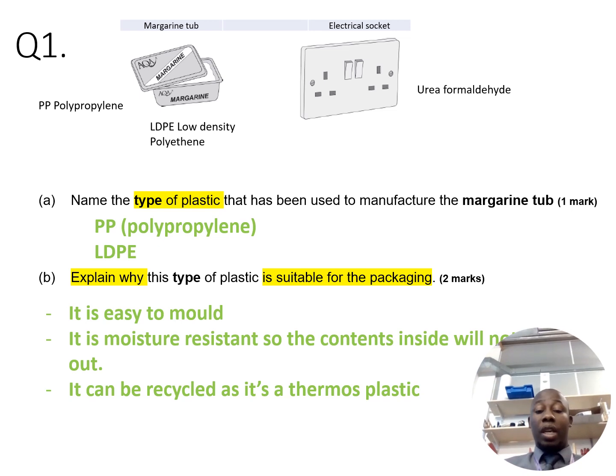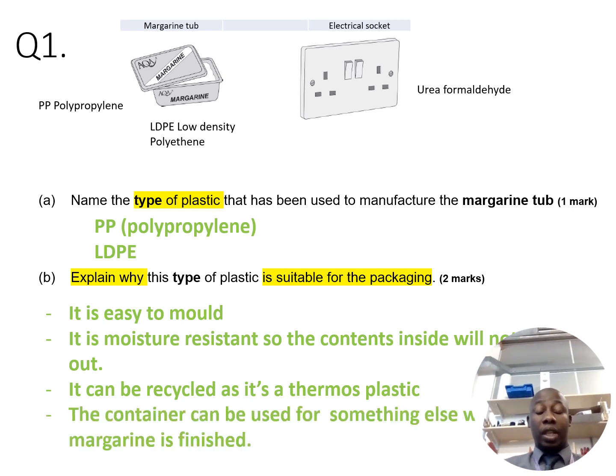But also I know it can be recycled because it's a thermoplastic, so it is good for the environment in that sense. And then the container can be used for something else when the margarine is finished. So again, when it comes to sustainability, polypropylene is the suitable material for making this margarine tub and also ticking the box for sustainability.